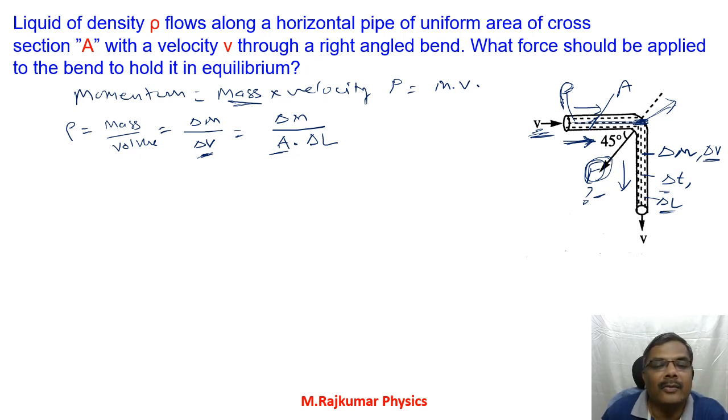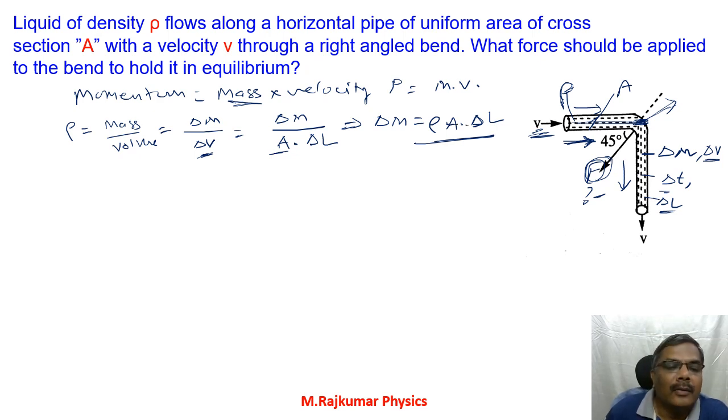So area into length will give you volume. So delta m by A into delta L. I want only the mass here to calculate the momentum. So delta m will be equal to what? Rho into A into delta L.